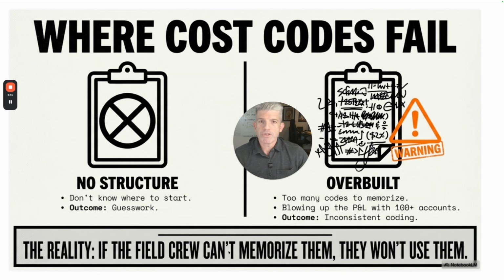If the field crew can't memorize your cost codes and your cost code structure, then they're not going to use them. And you can replace field crew with management crew, office staff. It doesn't really matter. If your people can't describe very simply how your cost code structure is formatted and how it works, no one understands it, then no one's going to be able to use it. Your cost code structure should be telling a story.